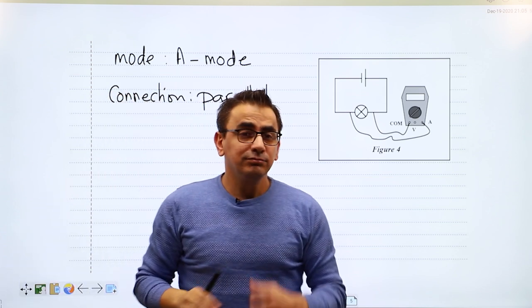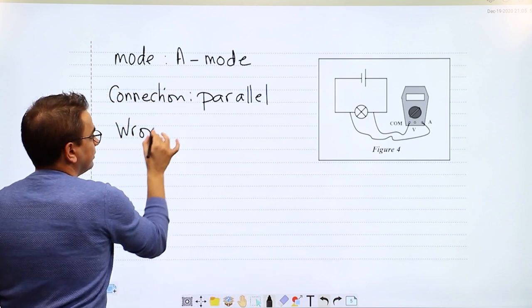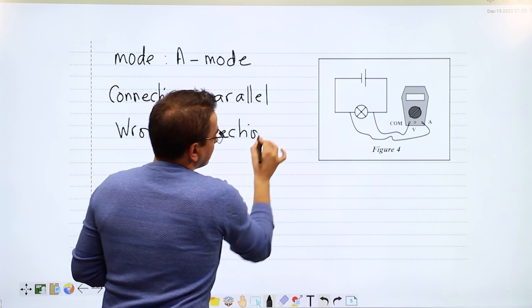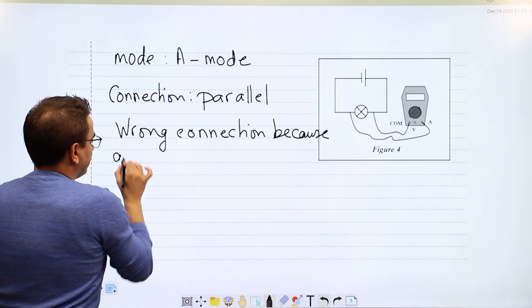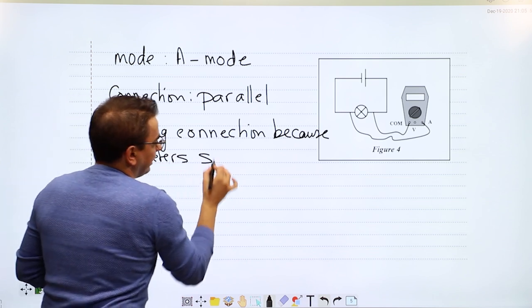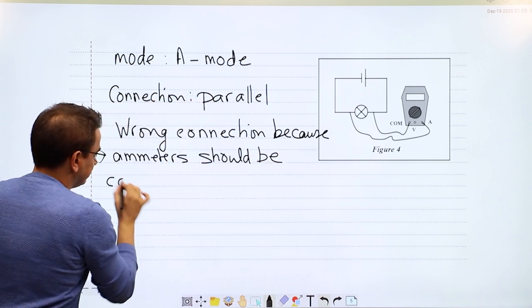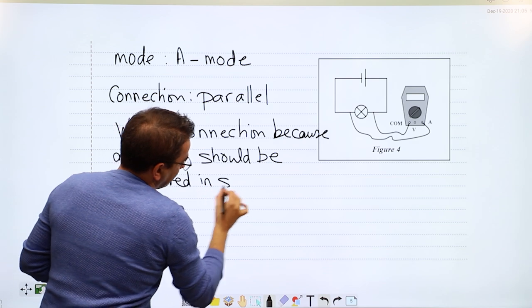So what does that mean? It is connected in the wrong way. So this is a wrong connection because ammeters should be connected in series. Okay?